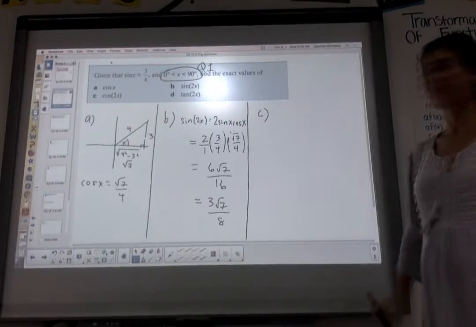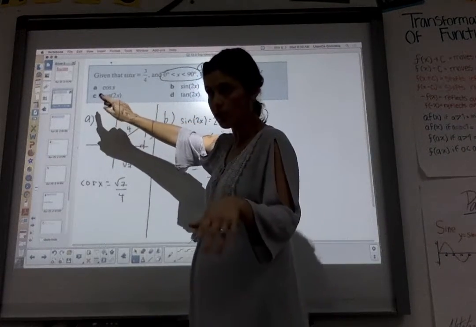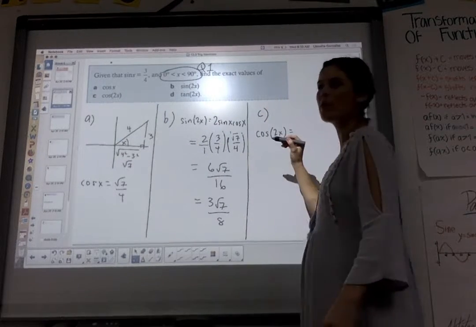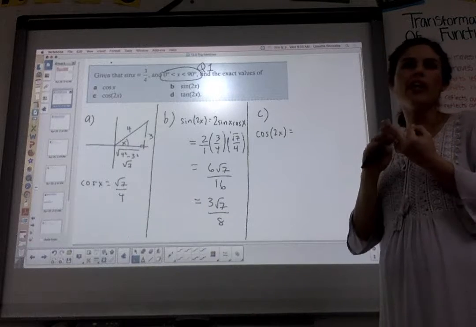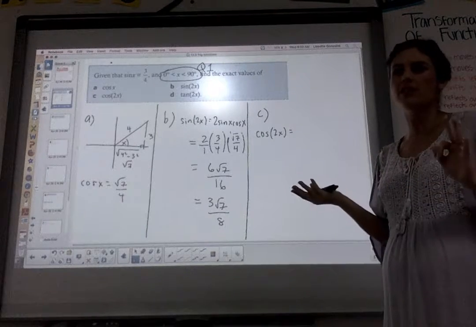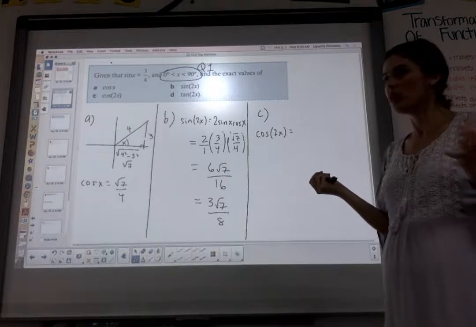Okay, ready? C. So now they want the double angle of cosine. So how many equations did we have for the double angle formula of cosine? 3. Is there any one that you think is going to be easier than the other, or are they all more or less the same in this case?